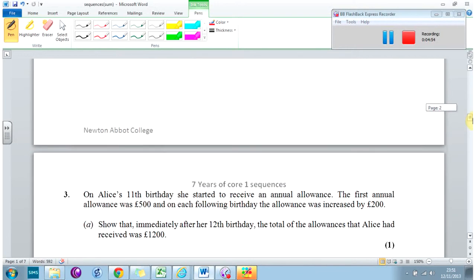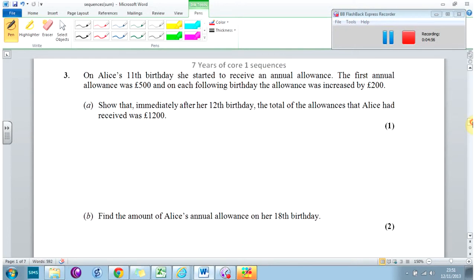Okay, slightly harder question maybe, harder for a variety of reasons. So Alice on her 11th birthday, so that is the first term, started to receive an allowance. The first one was 500, and on each following birthday the allowance was increased by 200.